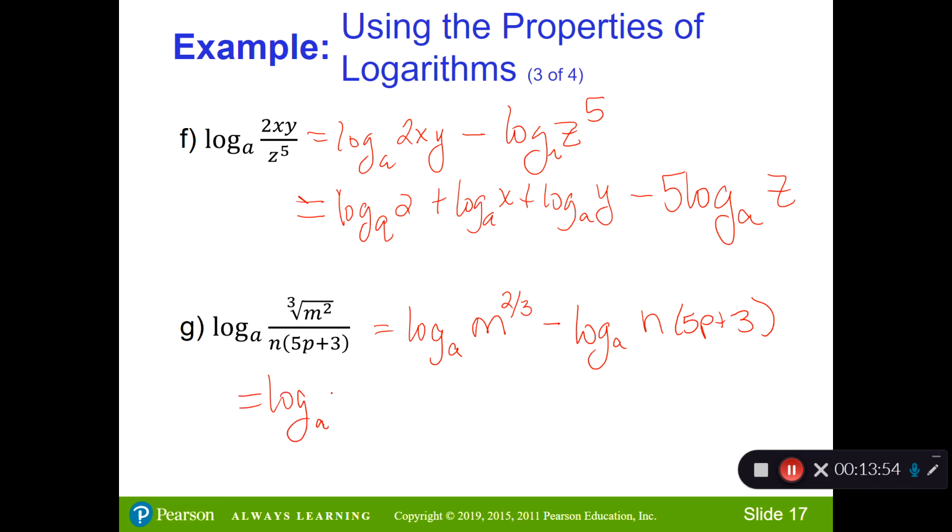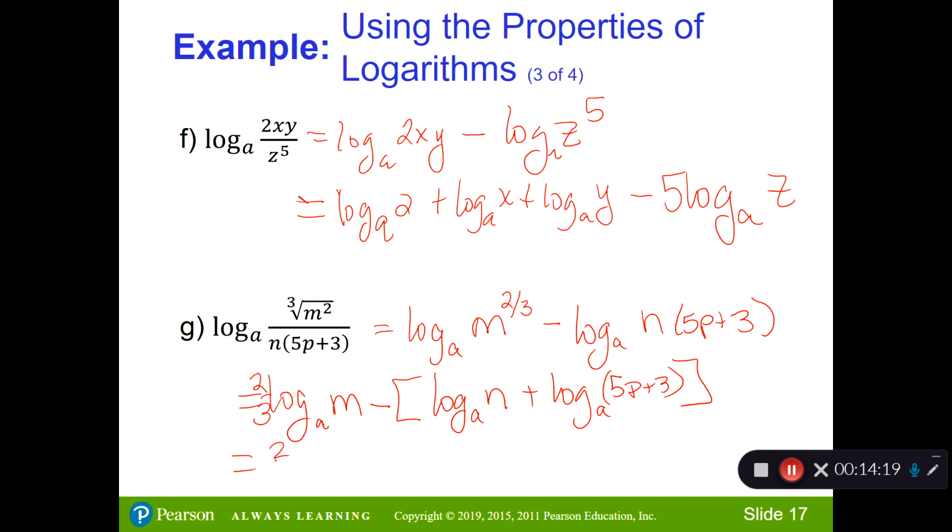So log base a, so we'll bring the 2/3 in front of m, minus, now this is a multiplication, so I can break it up into an addition, but this minus is in front of a log, so I gotta have parentheses. Log base a of n plus log base a of 5p plus 3.